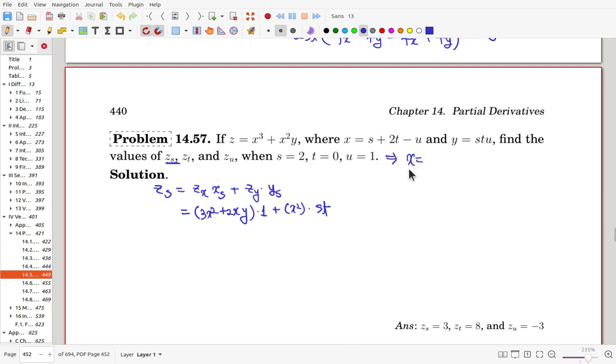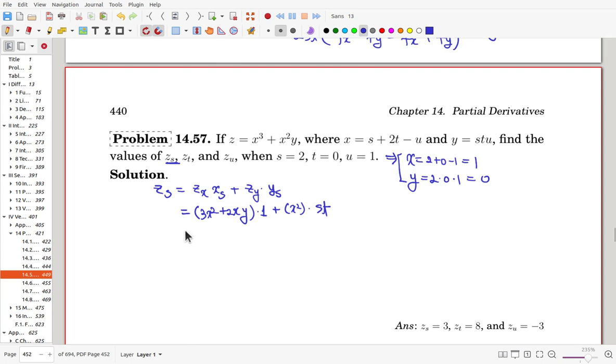S is 2, t equals 0, u is 1, then it's 2 plus 0 minus 1, which is 1. And how about y? Y is just the multiplication, 2 times 0 times 1, which is 0. So when s, t, u are given in this range, then x and y have these values.